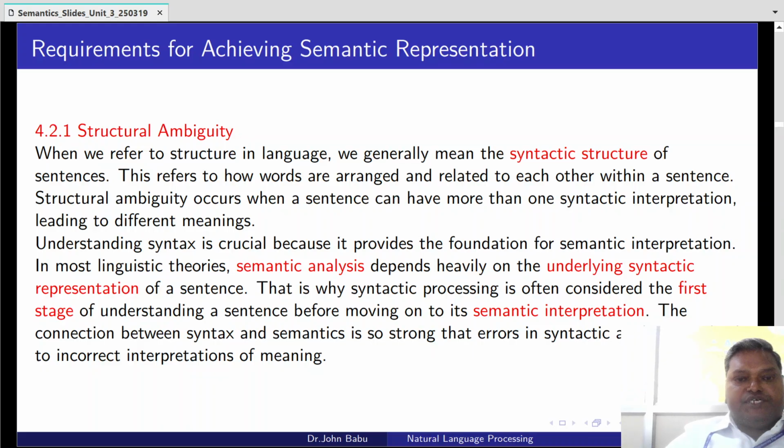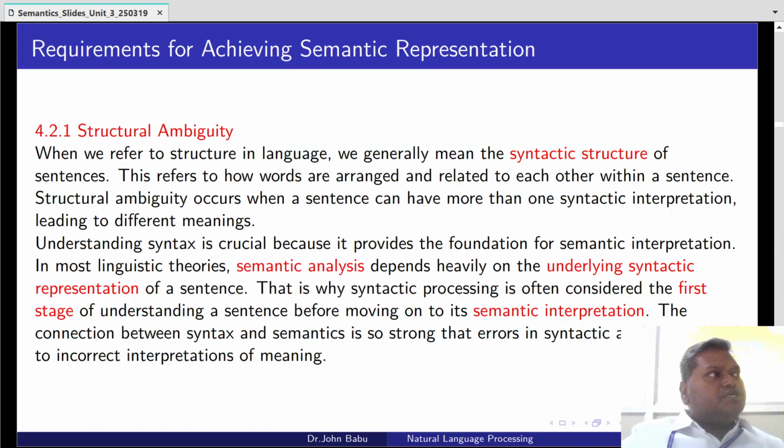Then moving further, to achieve semantic representation, what shall be done? The first one: structural ambiguity should be resolved. So we are talking more and more in NLP about structure. When we say structure, we mean syntactical structure.